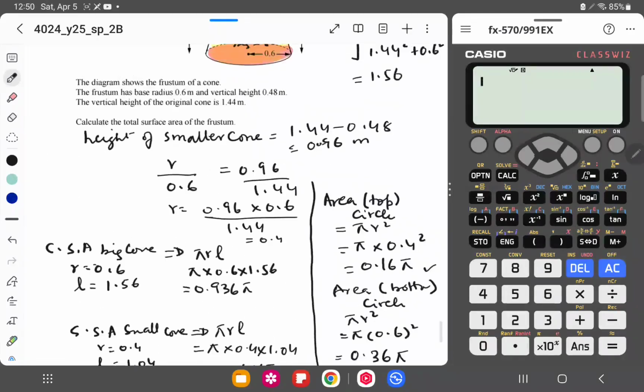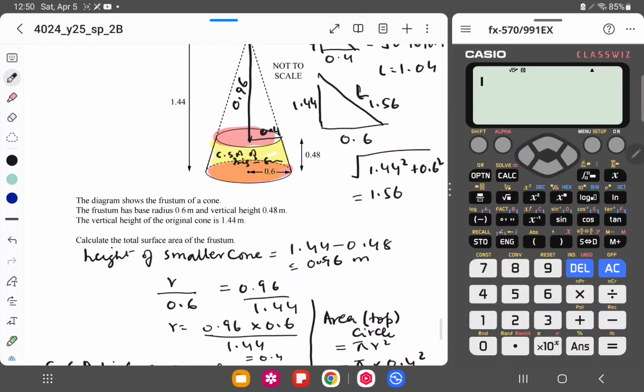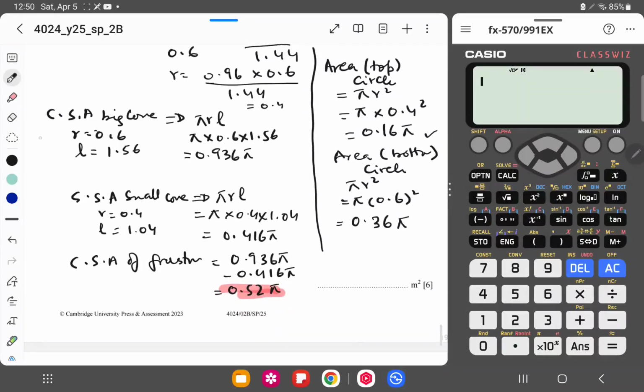So we have found the curved surface area and the area of the two circles as well. So we are adding 0.52 pi with 0.16 pi with 0.36 pi. The total surface area is equal to pi times 0.52 plus 0.36 plus 0.16.